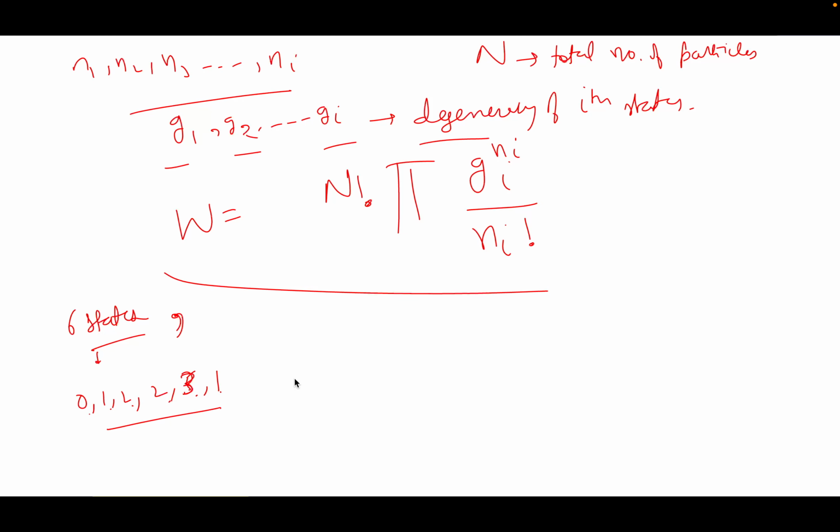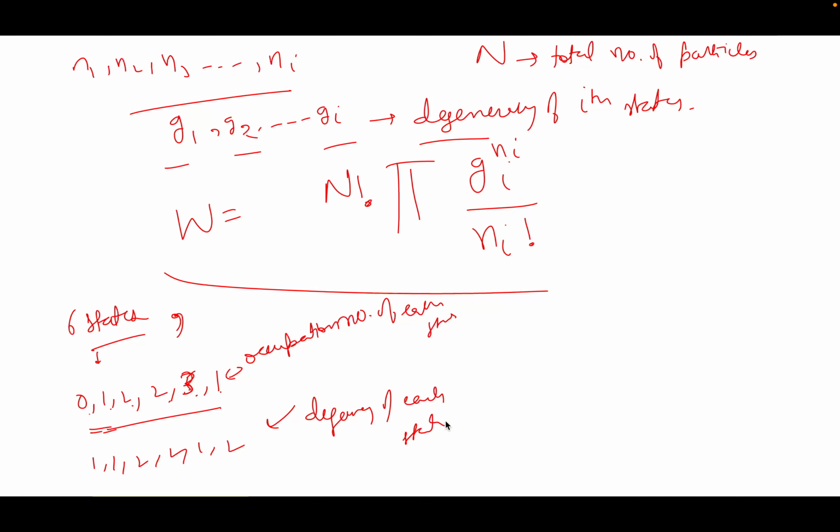And degeneracy is, let's say, 1, 1, 2, 2, 1, 2. Let's just randomly give this. So this is the occupation number of each state, and this is the degeneracy of each state. So what will be the W?